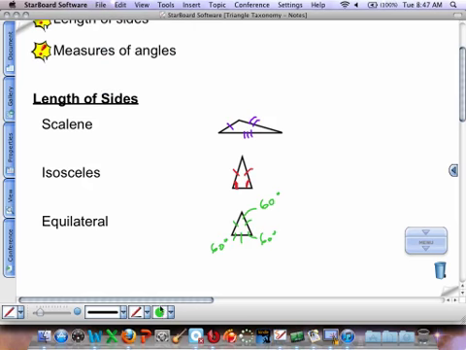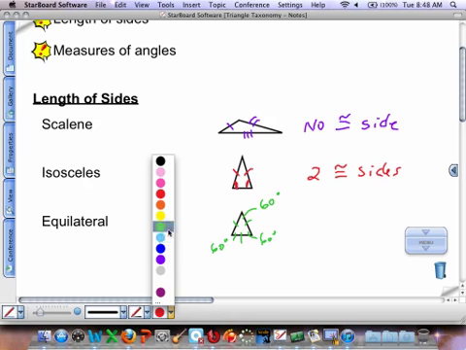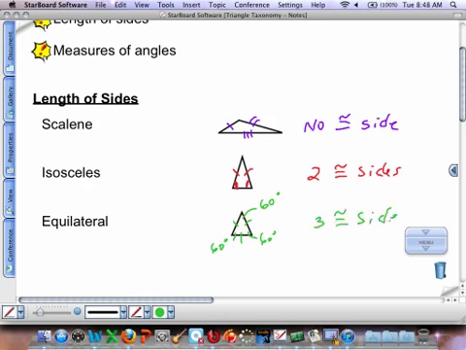You can either say no congruent sides, two congruent sides, or three congruent sides. So that's another way of classifying triangles.